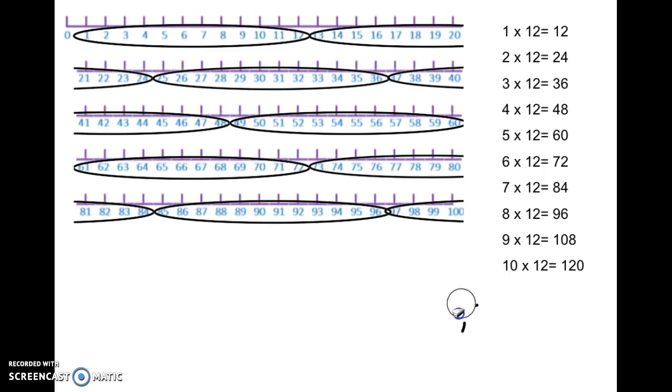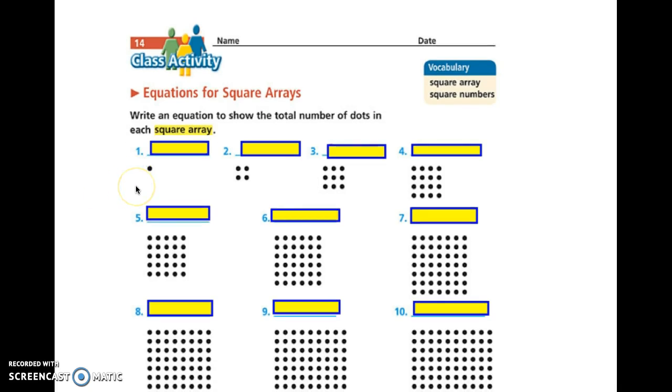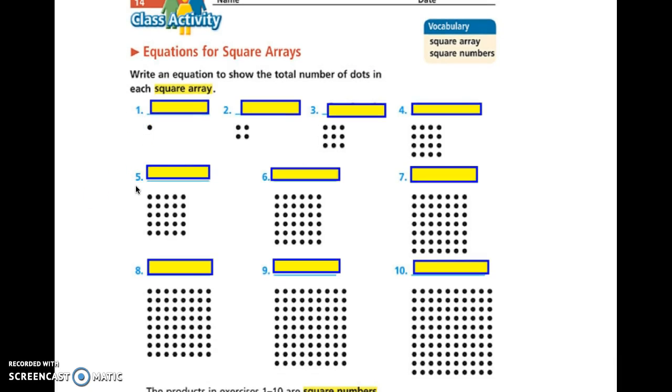All right, we're going to continue, and the next thing that we're going to look at today is equations for square arrays. It says write an equation to show the total number of dots in each square array. So we want to try to write a multiplication equation that shows each of these. If I look at this first one here, I've got 1 dot. What would I have to multiply to get 1?